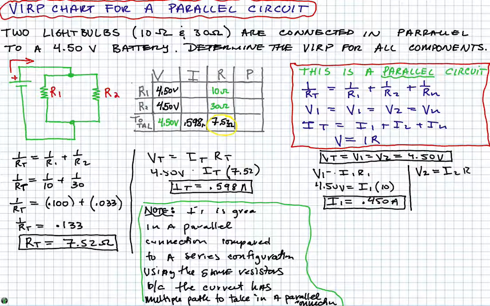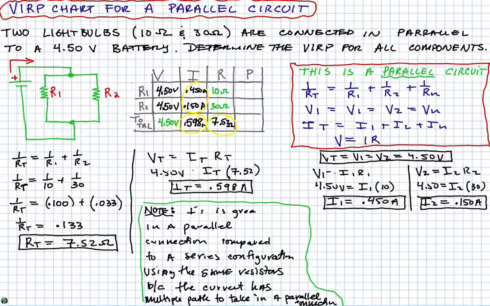That's I2 times R2, 4.50 equals I2 times 30. So I2 is equal to 0.150 amps. So let's add those two numbers to the chart: 0.450 amps and 0.150 amps. And you notice if you take these two numbers and add them together, that works out to 0.6, which is very close to the total that we got earlier.